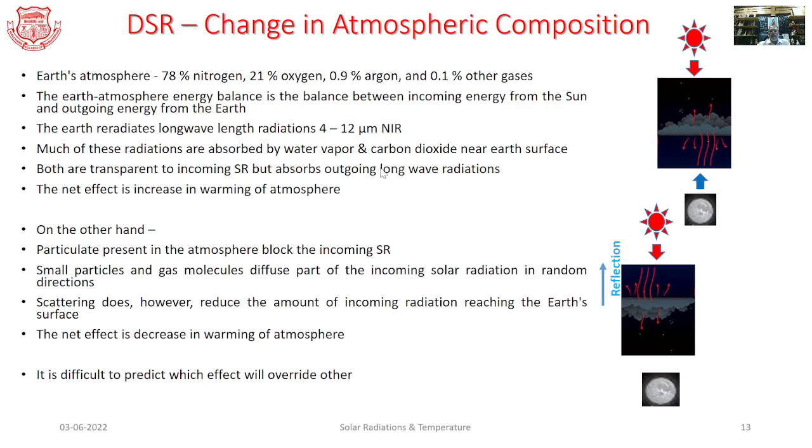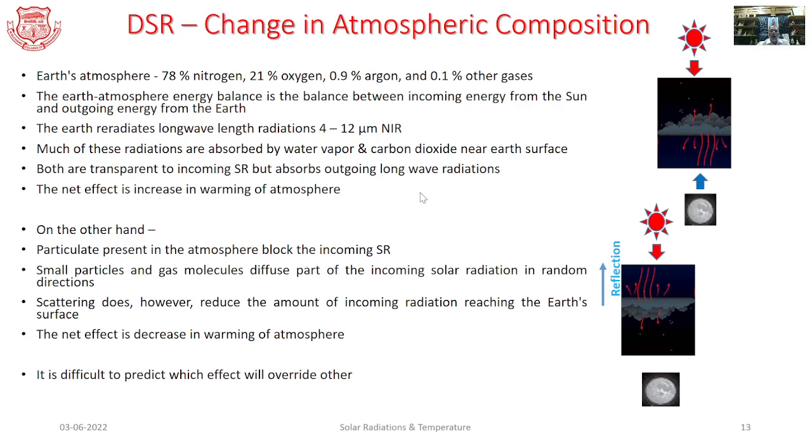As we consider these re-radiated long wave radiations, the water vapor present in the upper reaches, as well as the carbon dioxide present near the Earth's surface, absorb these radiations and accordingly block the outgoing longer wave radiations.